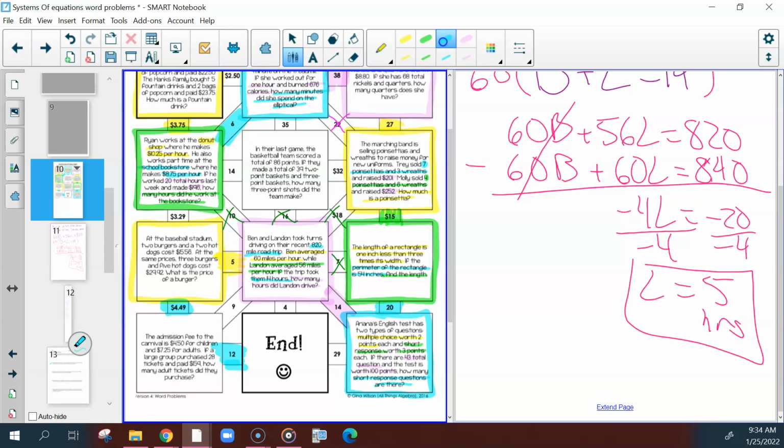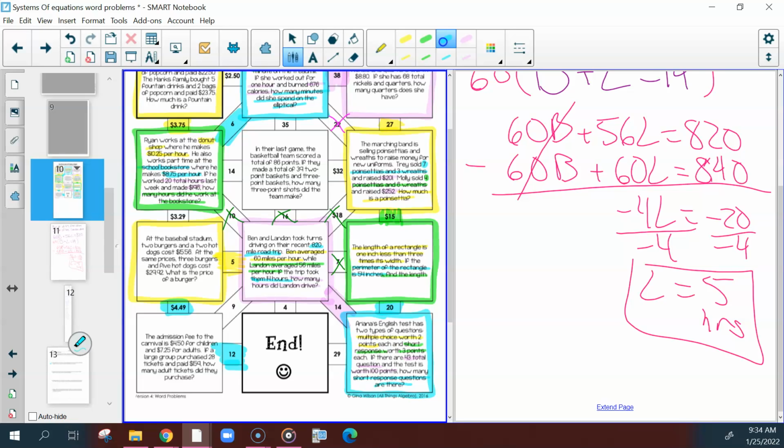However, there are, what, 4 we didn't do? 1, 2, 3, 4. So I want you guys to go back and do those. Solve them however you wish: graphing, substitution, elimination. You know the answers to these 3. This one you may have to check and see which answer that one would be.